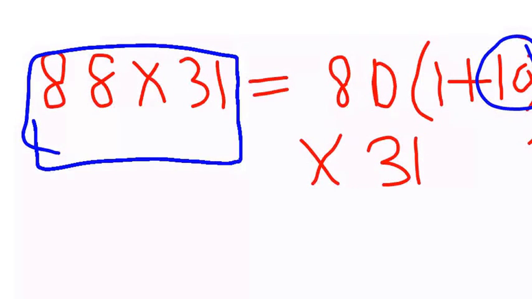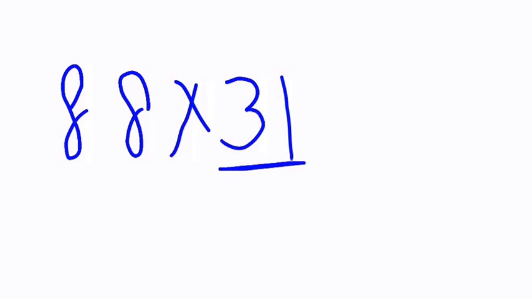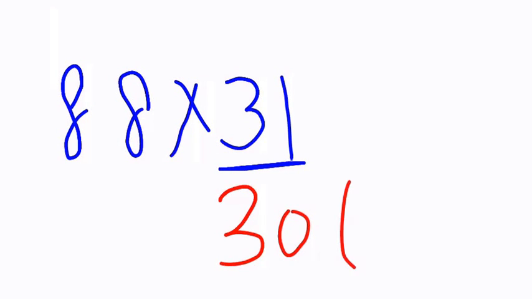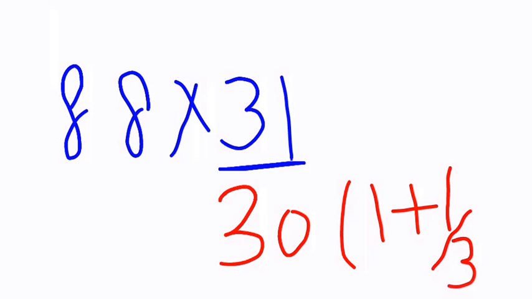If you have to do a very rough calculation, it's even much easier, because let's say this was the task given to you, right? You can just say that this 31 can be broken down into 30 plus 1/3 of a percent. How did I come to that?